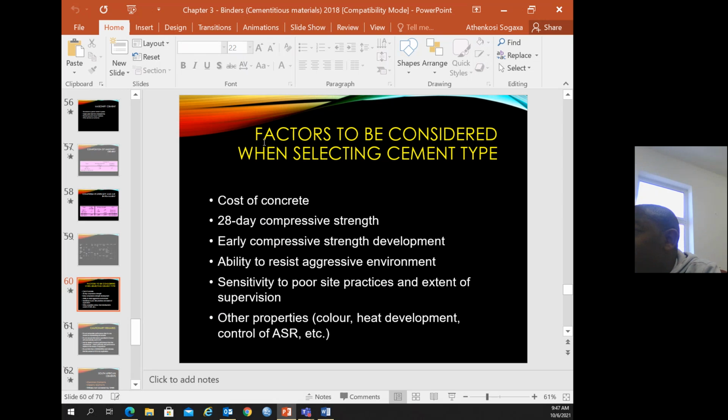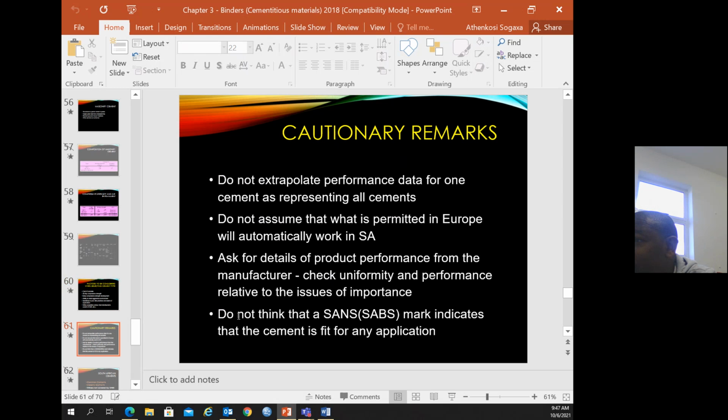The factors to be considered when selecting a cement are the cost of the concrete and the 28 days strength that is required, because each cement will tell you the strength of concrete that is required by the engineer. So you look at that before you select the cement. Ability to resist aggressive conditions, sensitivity to poor site practice and extenders, and other properties.